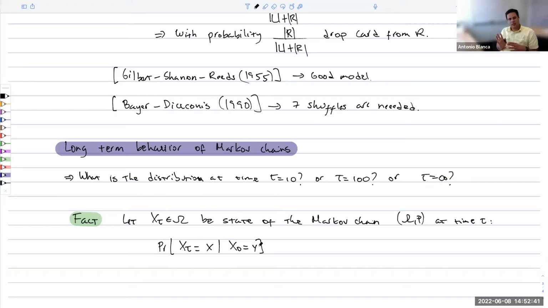So this is an important probability. This says at time 0, you were in some state y.